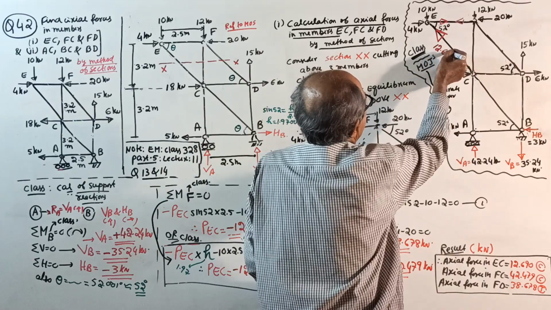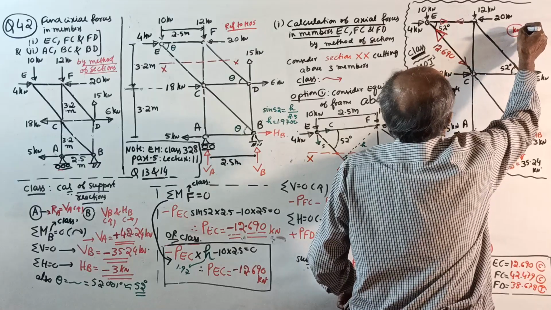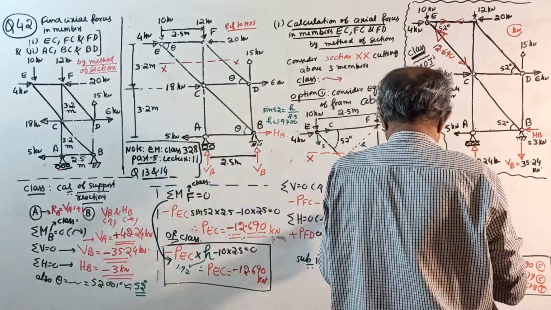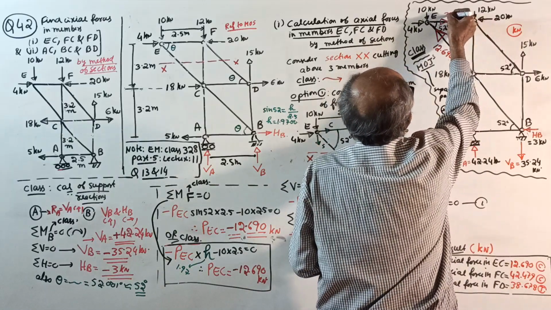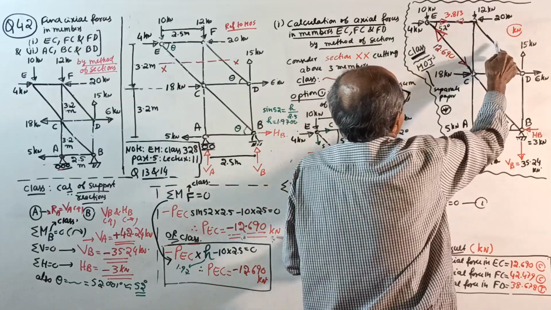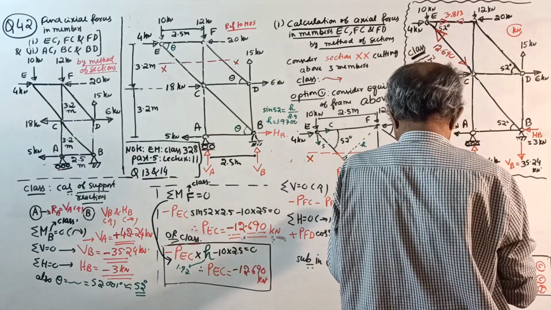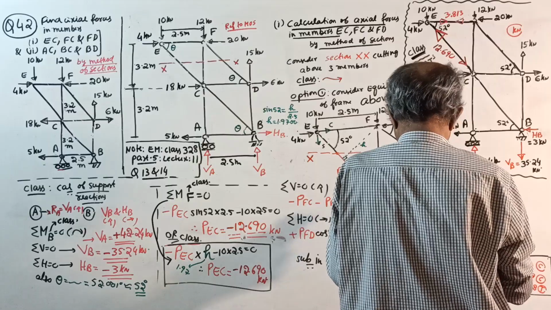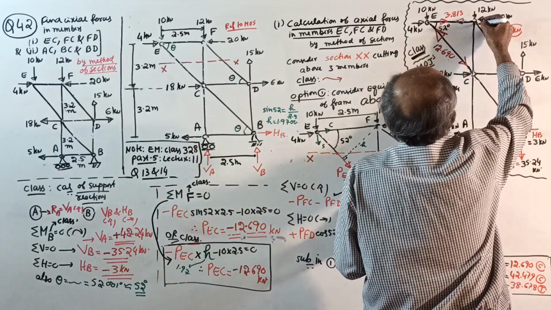See, I am dictating here. All values are in kilonewton. Why waste energy? .813. Then 38.679 tension.